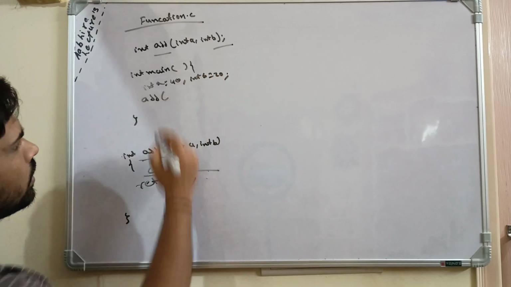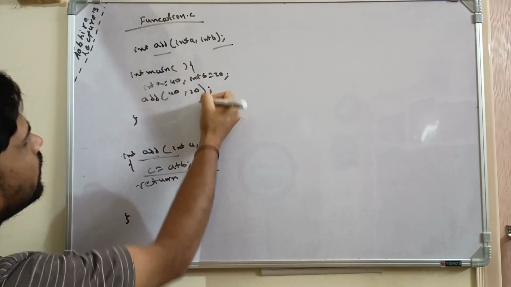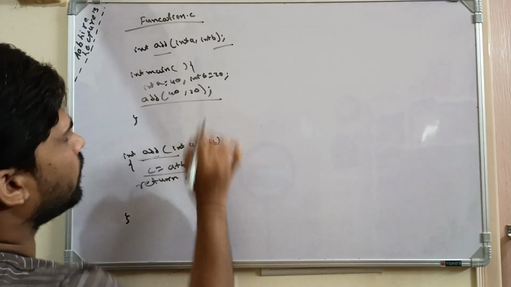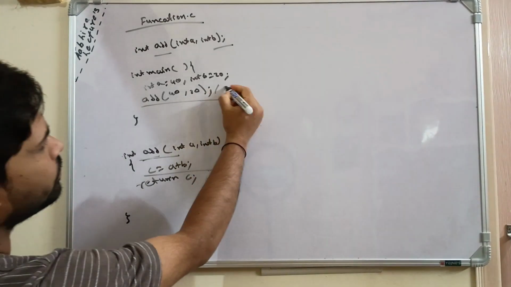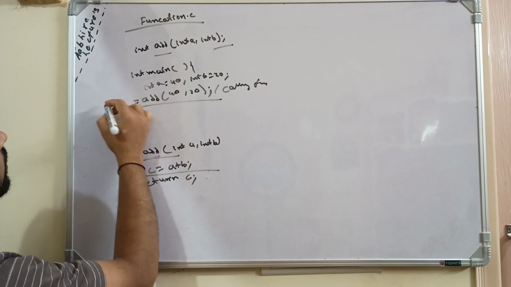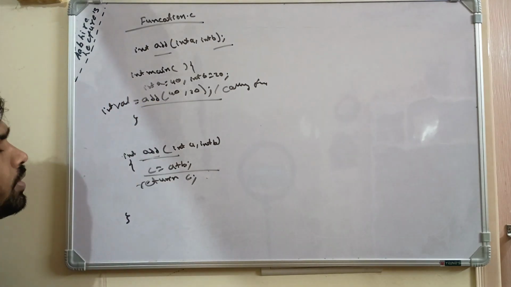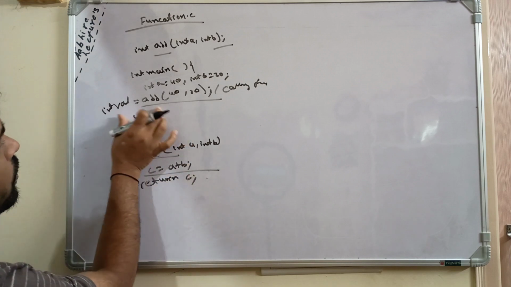We give the values 40 and 20. This is the calling of the function. We have to store the result in some variable, so I created an int variable data to store the addition.